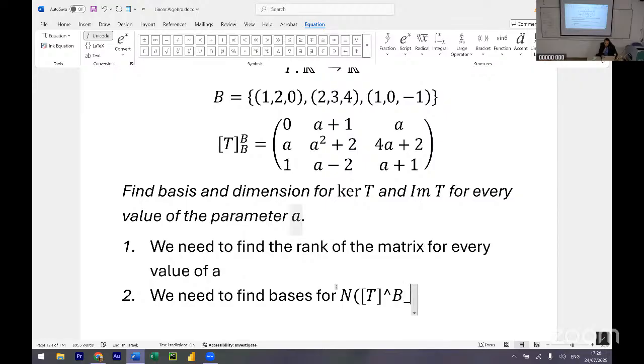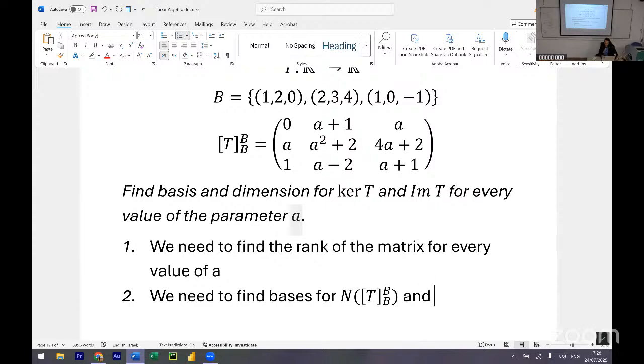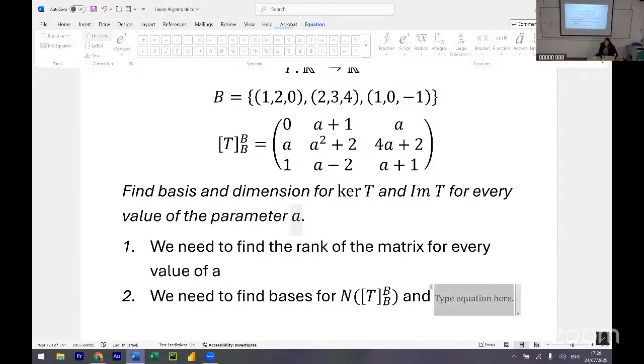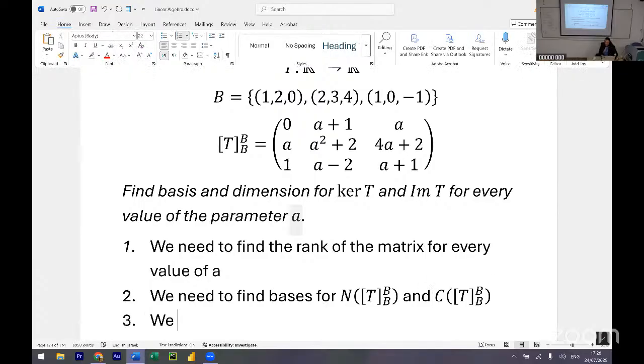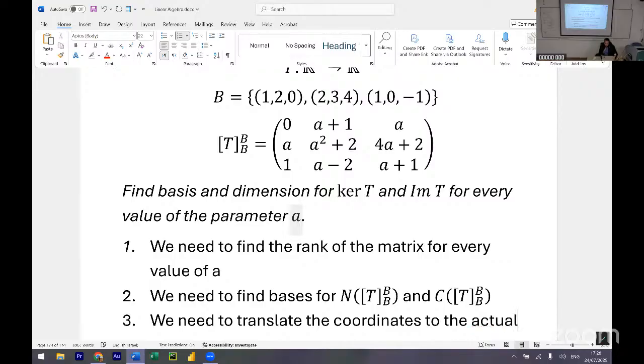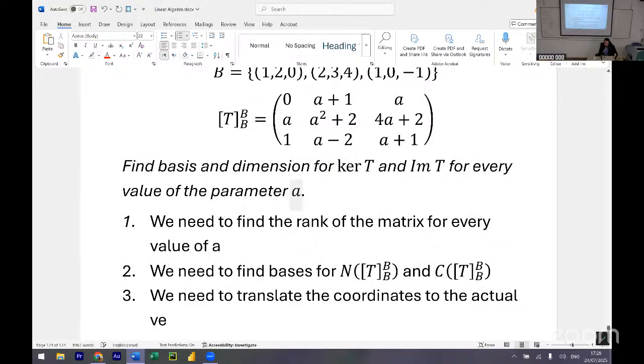Why? What does the null space represent? The kernel. And the image, what is that? The column space of the matrix. So that's like question number 3, right? And lastly, we need to translate the coordinates to the actual vectors.